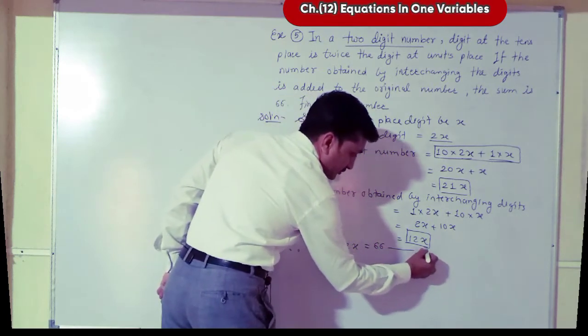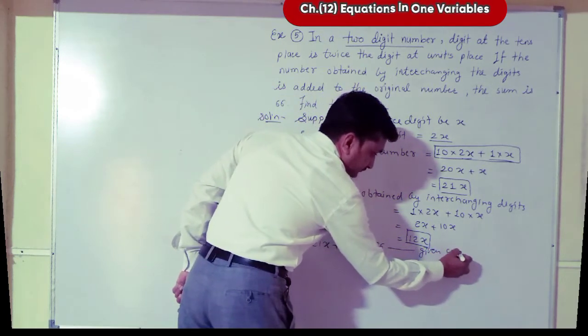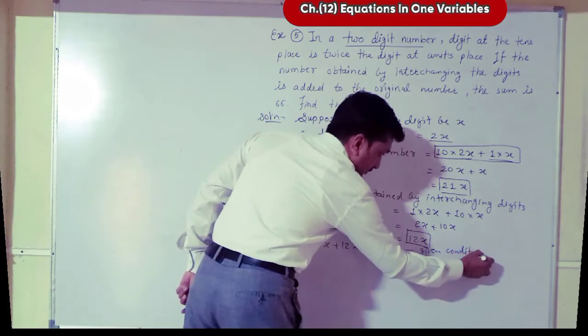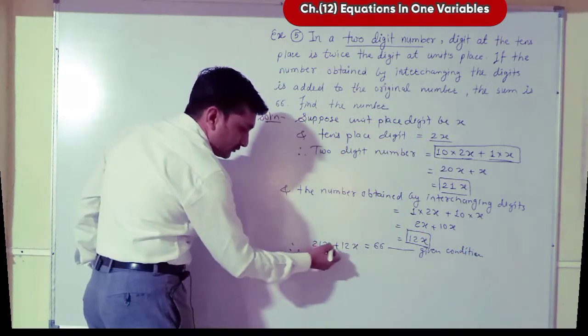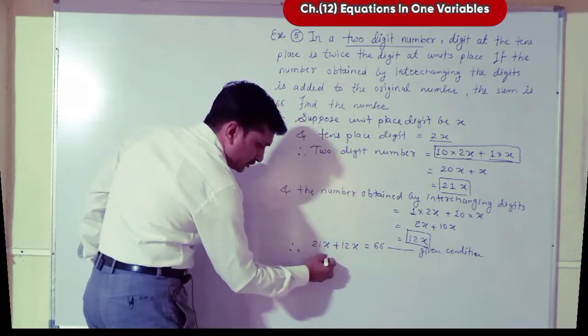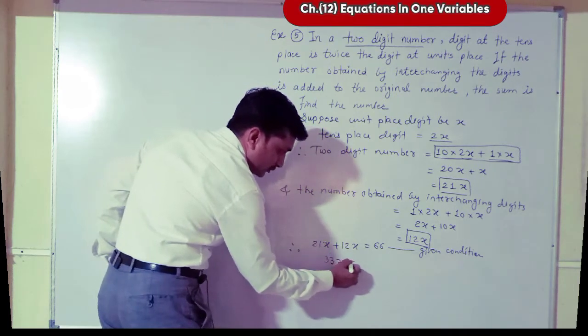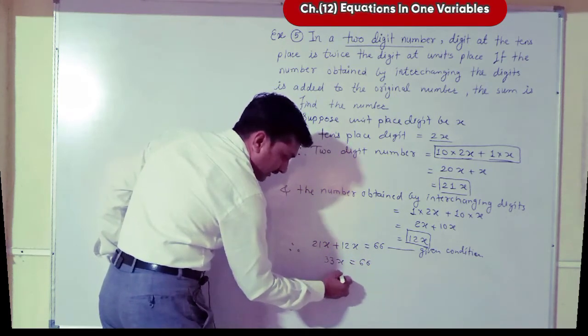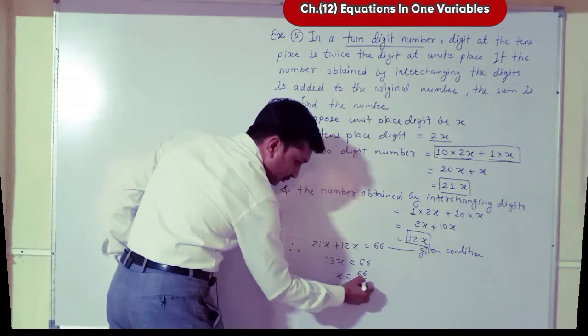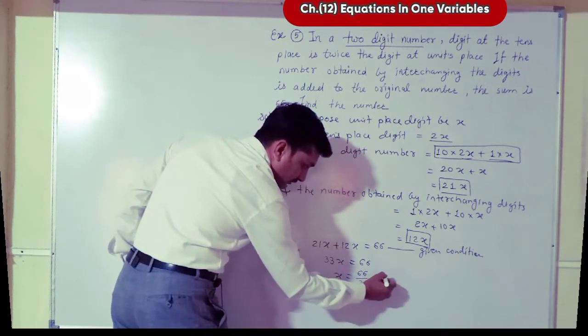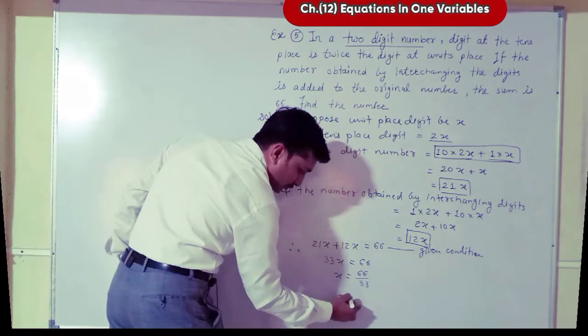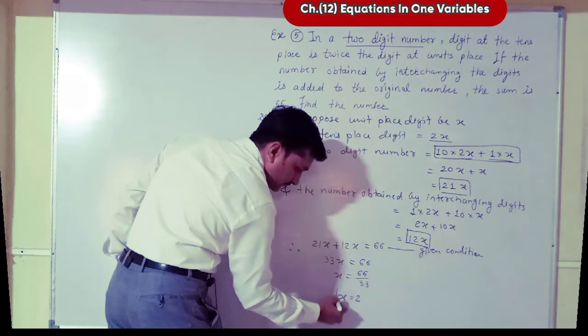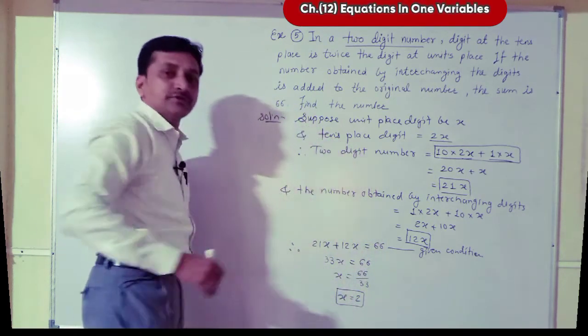This is the given condition. Now let's add it: 21 plus 12, 33x is equal to 66. x is equal to 66 upon 33, so x is equal to 2.